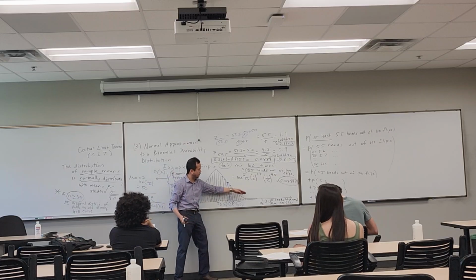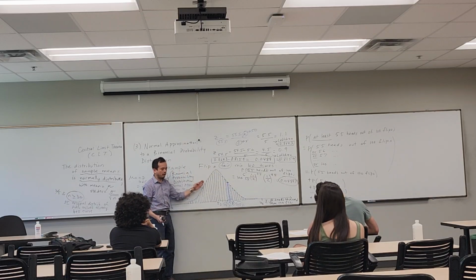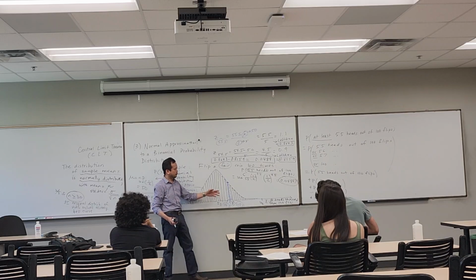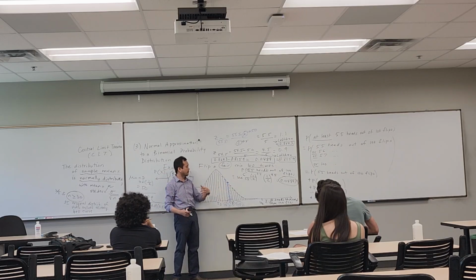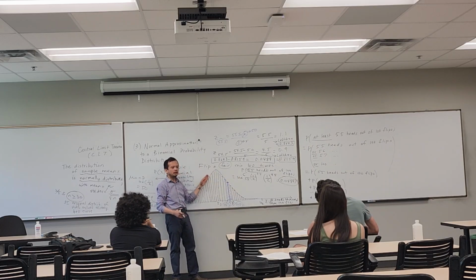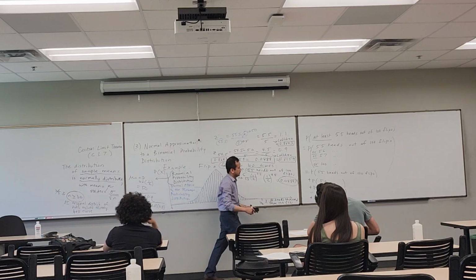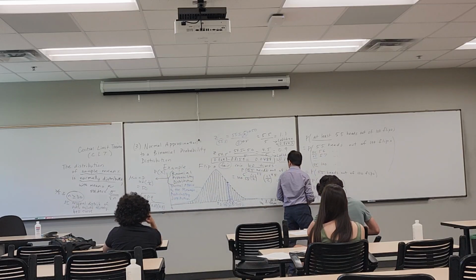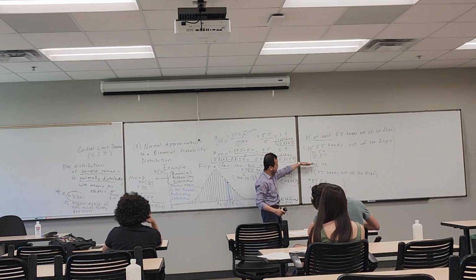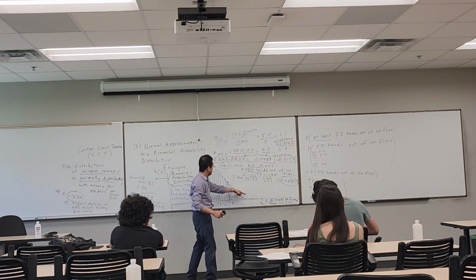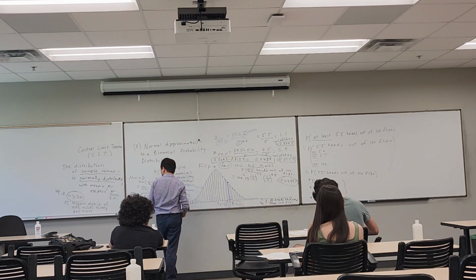So instead, we're going to fit this bell curve to approximate the underlying binomial probability distribution, and then find the area, or the probability, using this new bell curve. So instead of having to add up all these probabilities using the binomial probability formula, now we're going to use this blue bell curve.